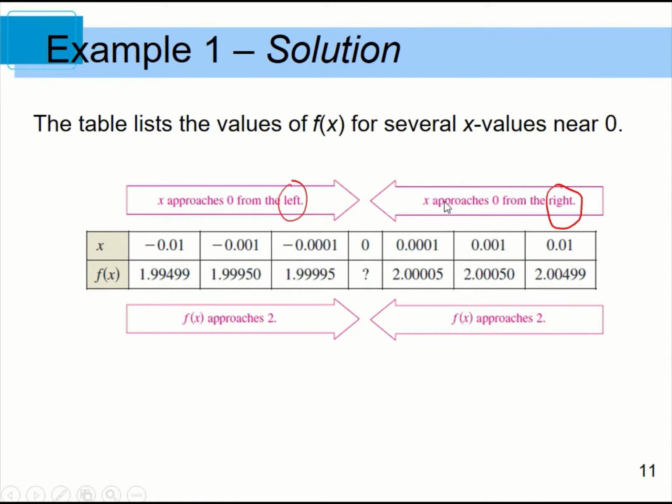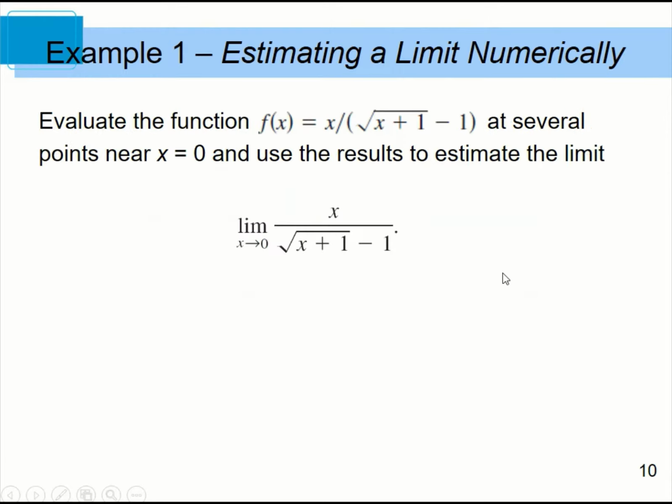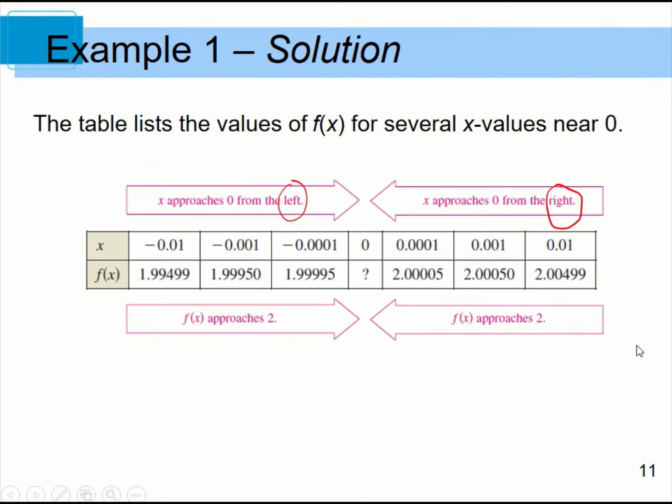Now, from the right hand side, we can start with 0.01, then 0.001, 0.0001. We can see here that x is getting closer to 0 from the right hand side. Again, we substitute the values back into the function to perform the calculation and find y. We get these values of y.